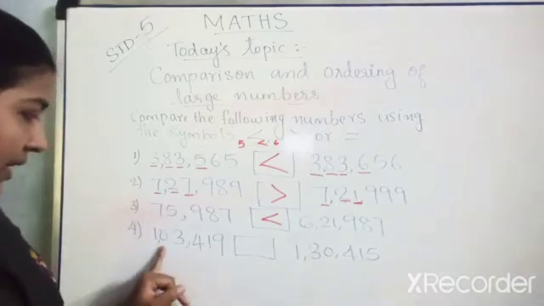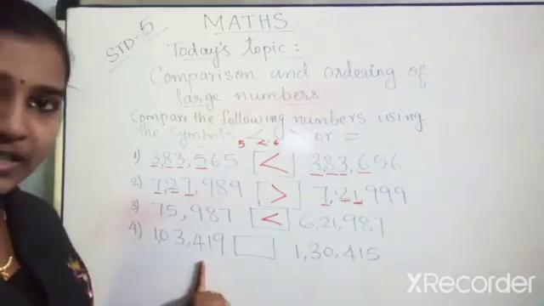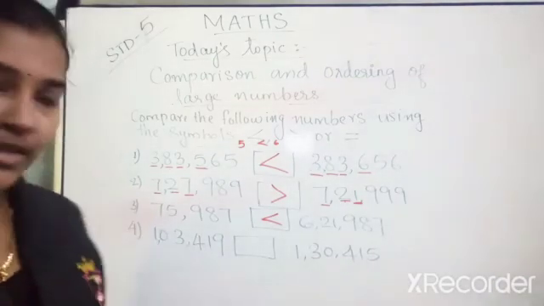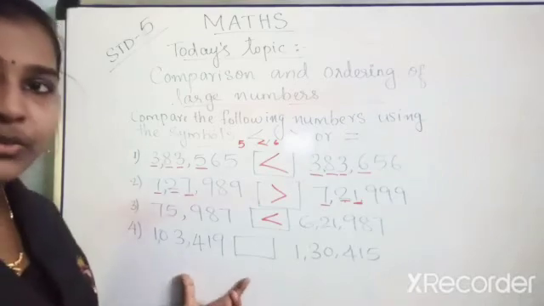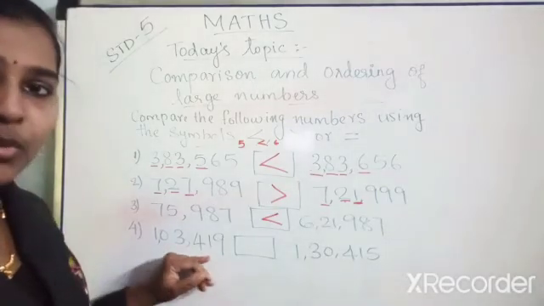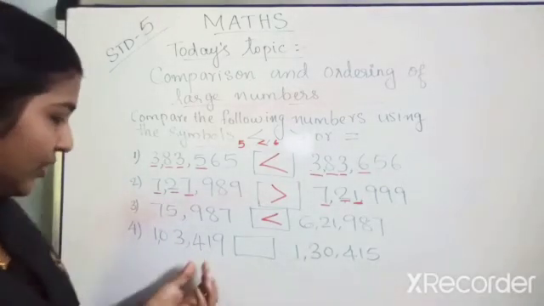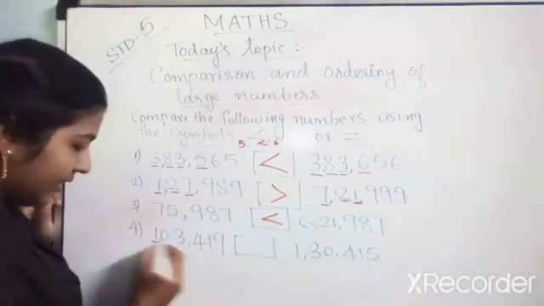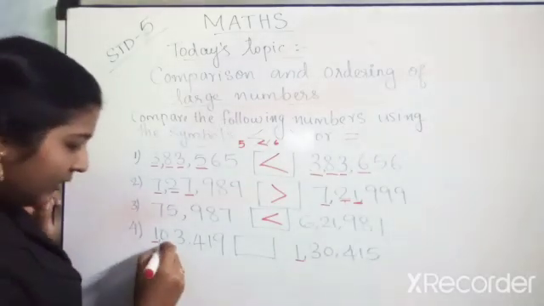Now the next one. Look. Next number is 1,03,419 and 1,30,450. So among these numbers, first you check which is the greatest one. Okay. And here we can understand both have the same number of digits, isn't it? So you check the digits in the highest place first. That is 1 and 1. Both are the same. Then move to the next.